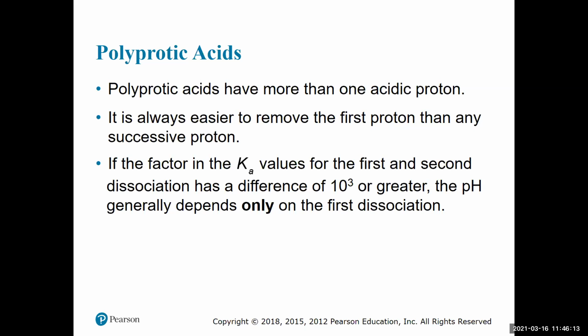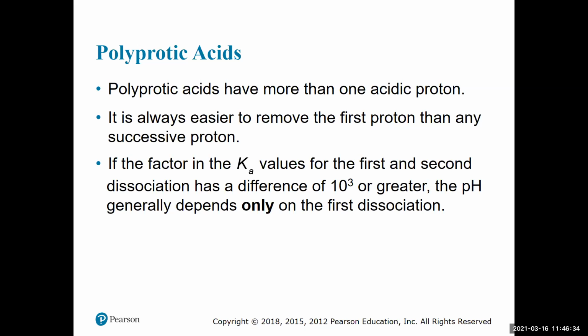If the Ka difference is 10 to the third or greater, then the pH will only depend on that first dissociation. If it's closer to that, then you start getting some overlap. But the rule of thumb is 10 to the third or greater difference, then you don't get that overlap.